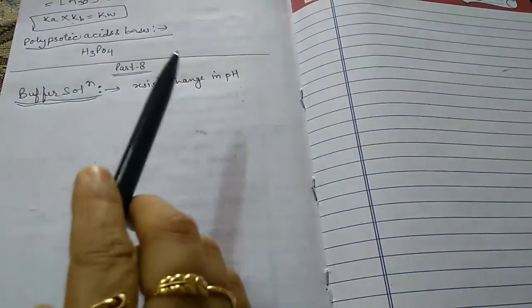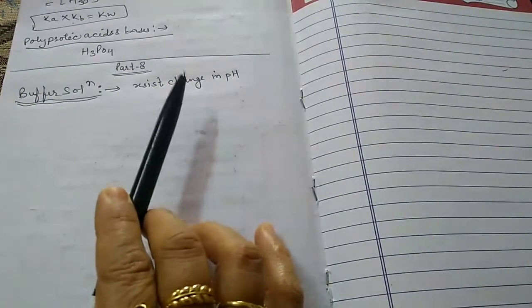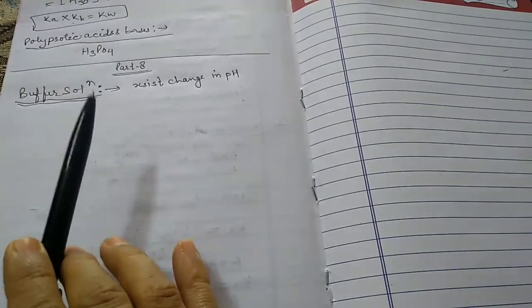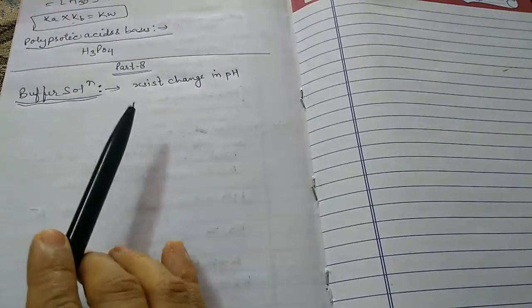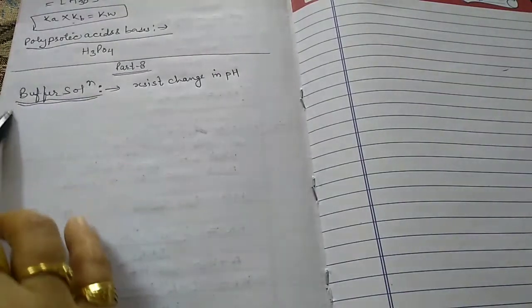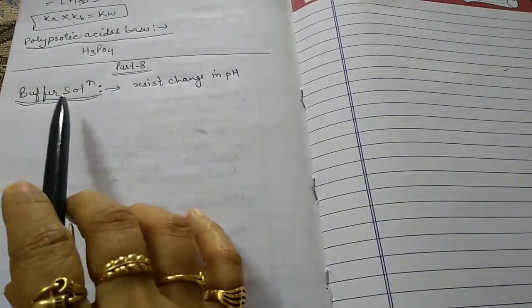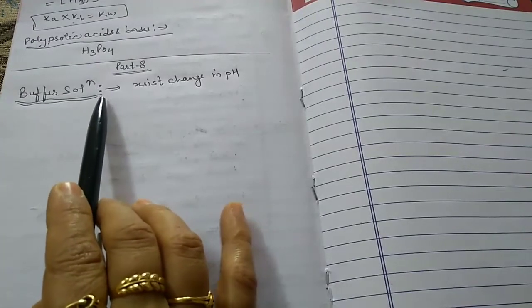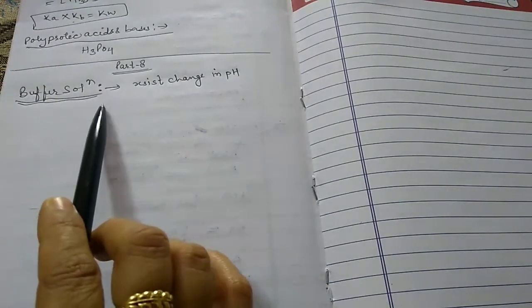The solution which resists change in pH on dilution or with the addition of a small amount of acid or base is called a buffer solution. It means that the buffer solution resists the change in the pH by the addition of a small amount of acid or a small amount of base.